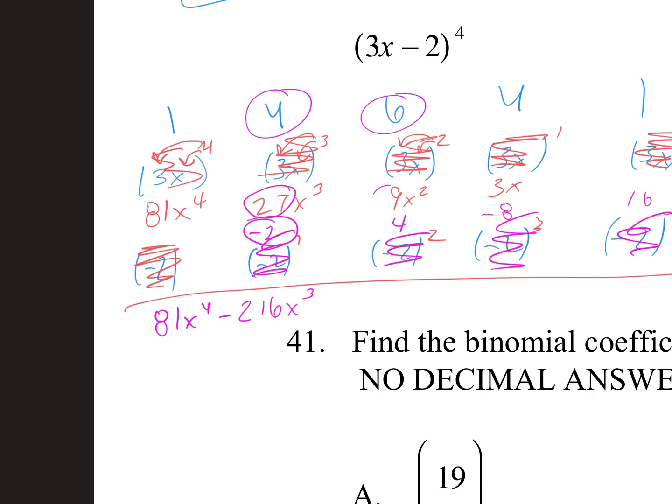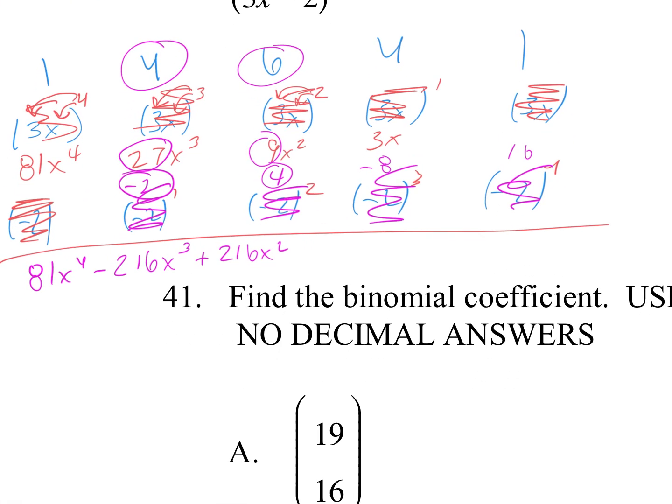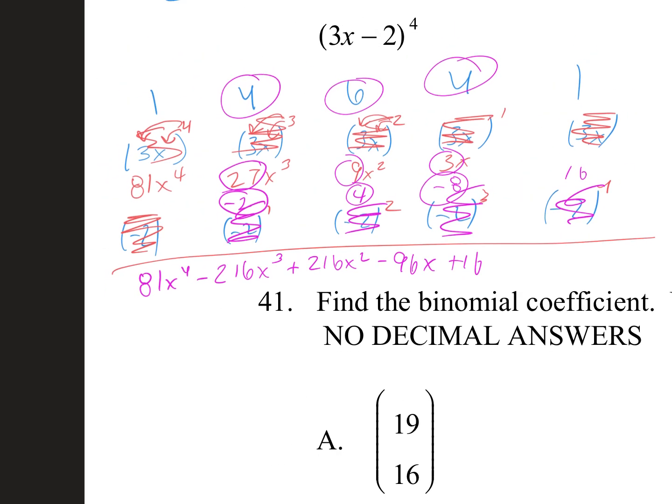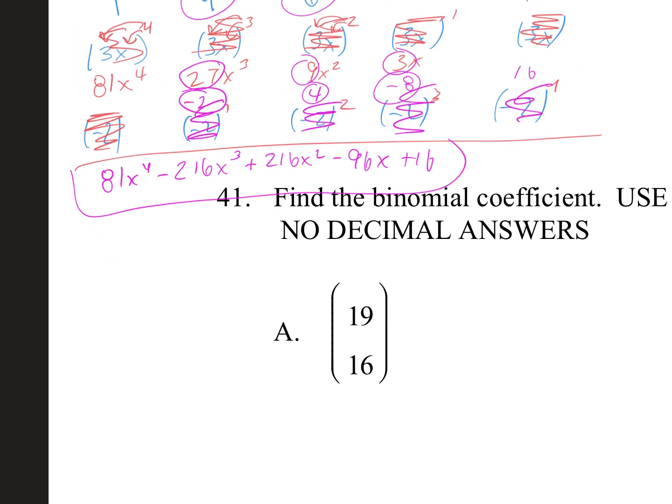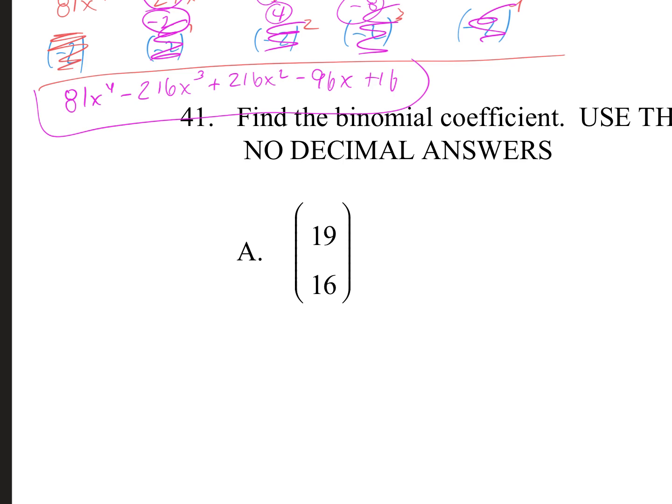So then 6 times 9 times 4. 216 again. x squared. And then negative 8 times 3 times 4. Negative 96. And then plus 16. Notice, guys, there's a minus sign in here. So what happened to the signs in your answer? Every other. They switched.